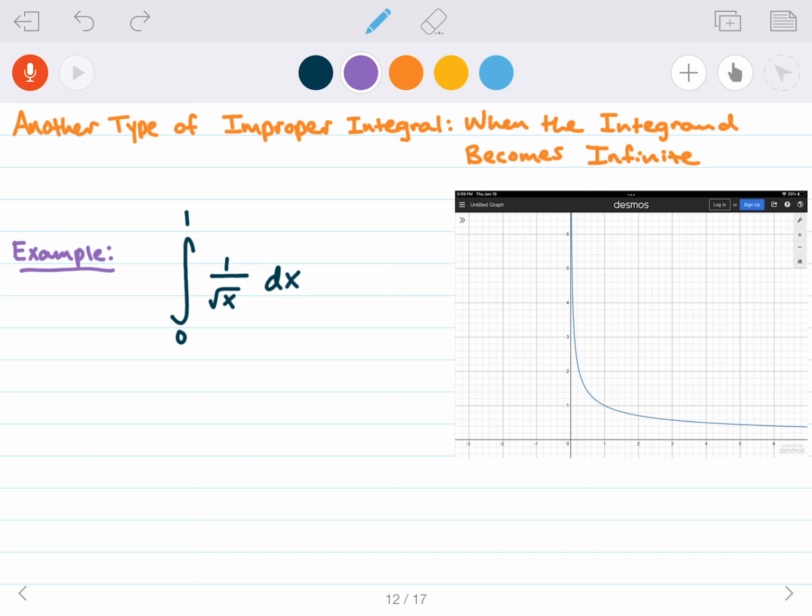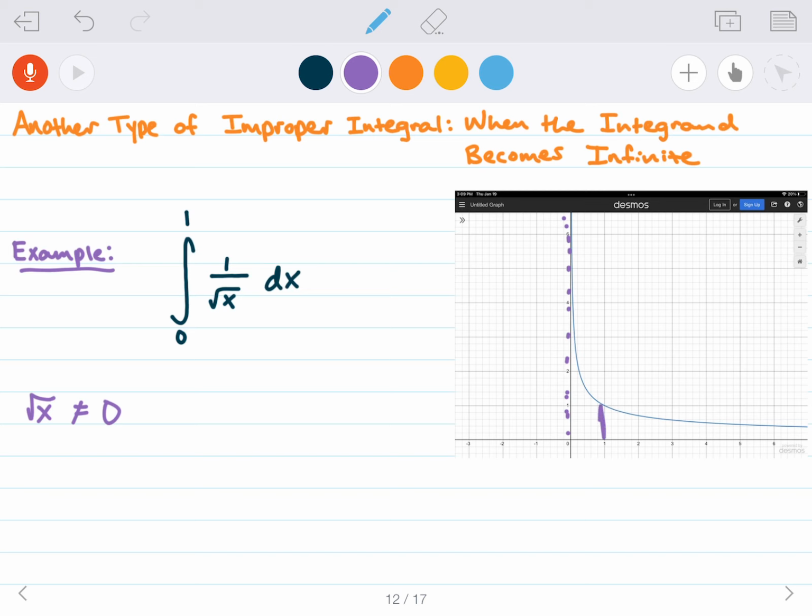Here, the square root of x cannot equal 0. That's a problem, because if we look at the function, 0 is represented by a vertical asymptote, and we want to know what's happening to the area here. Is it converging to some kind of number between 0 and 1?